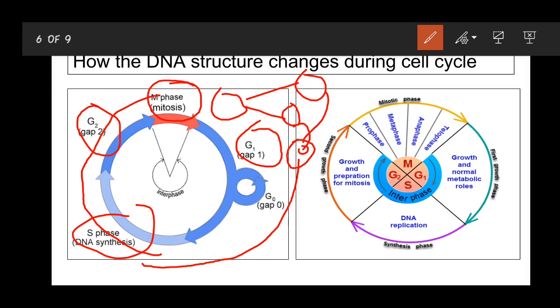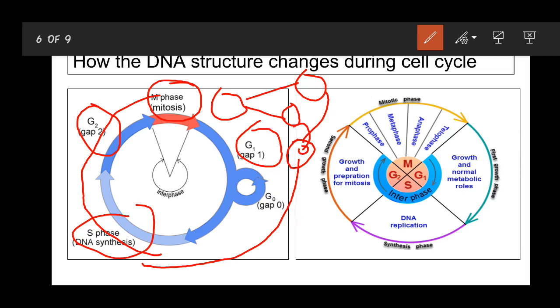That means they also follow the G1 phase, S phase, G2 phase, followed by the M phase. Each of them again divides, and those daughter cells follow the same fate. This cyclical event is usually referred to as the cell cycle.